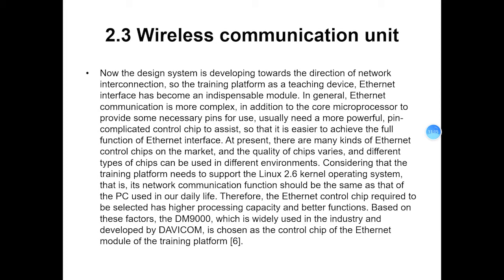Therefore, the Ethernet control chip required to be selected has higher processing capacity and better functions. Based on these factors, the DM9000, which is widely used in the industry and developed by DAVICOM, is chosen as the control chip of the Ethernet module of the Channing platform.